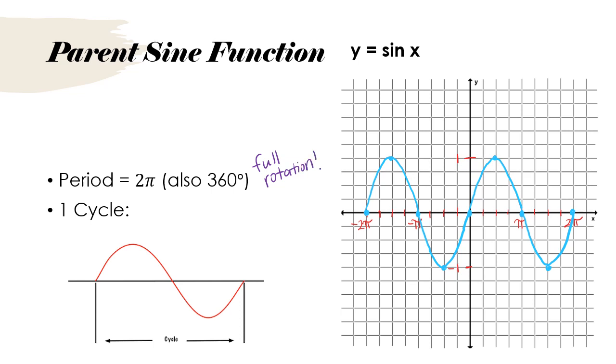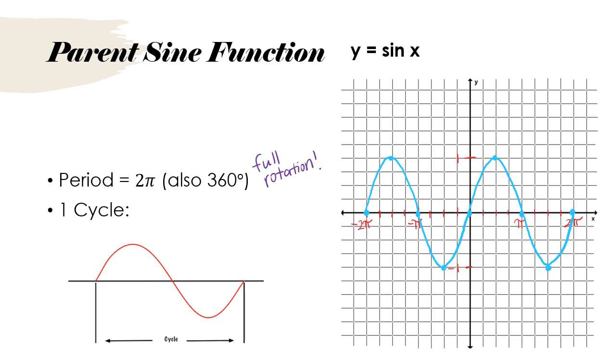Okay, a cycle, as mentioned, looks like this lovely little curve. Again, we're trying to avoid making ours super pointy. And now we want to talk about how these graphs can be transformed, because this is just what the parent function looks like.